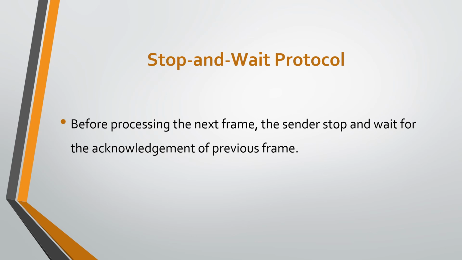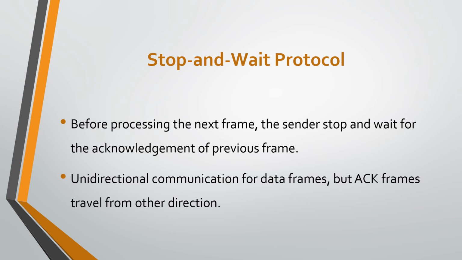In stop and wait protocol, the sender sends one frame, stops until it receives confirmation from the receiver, and then sends the next frame. We still have unidirectional communication for data frames, but acknowledgement frames travel in the other direction.